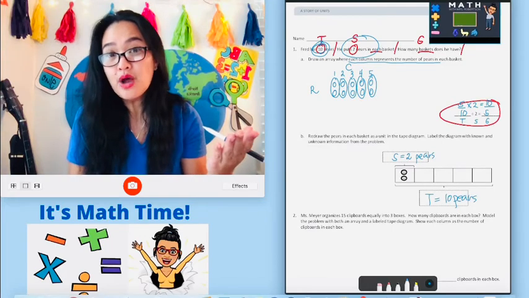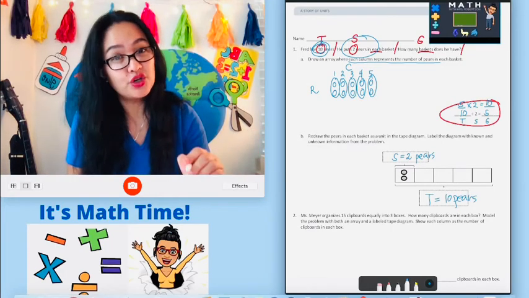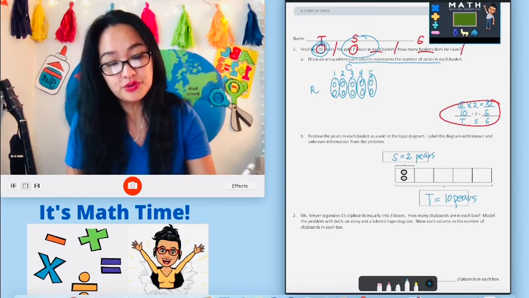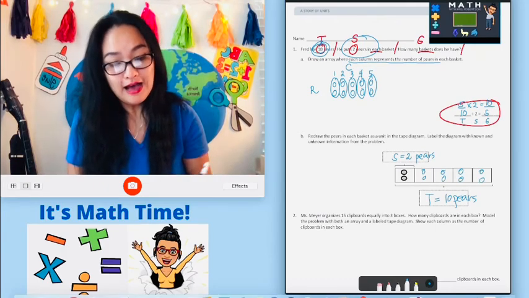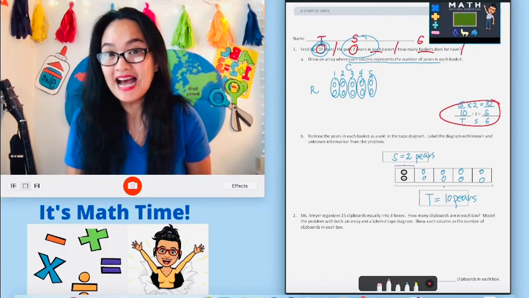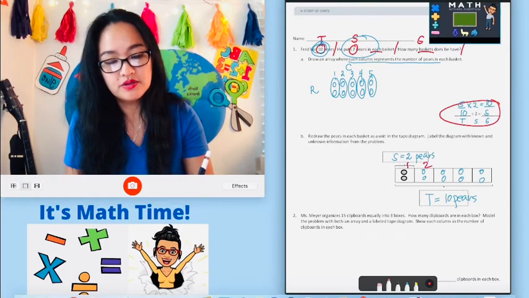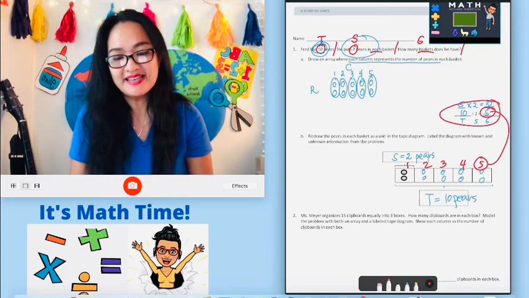But I don't know how many baskets I will need. So, let me skip count by 2 until I reach 10. 2, 4, 6, 8, 10. Now, how many baskets did I get? 1, 2, 3, 4, 5. That's why the answer is 5 baskets.